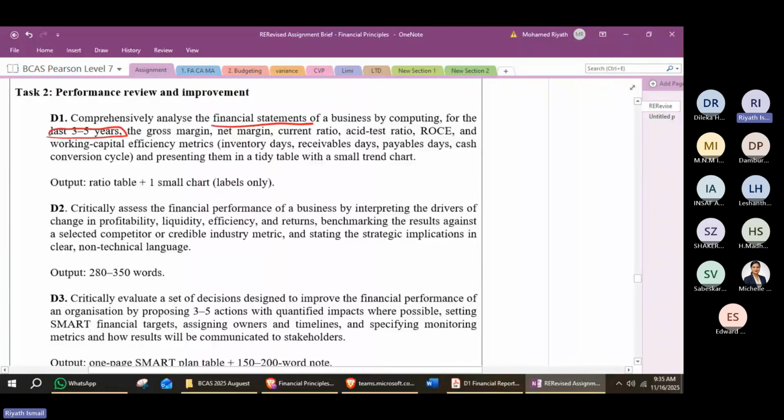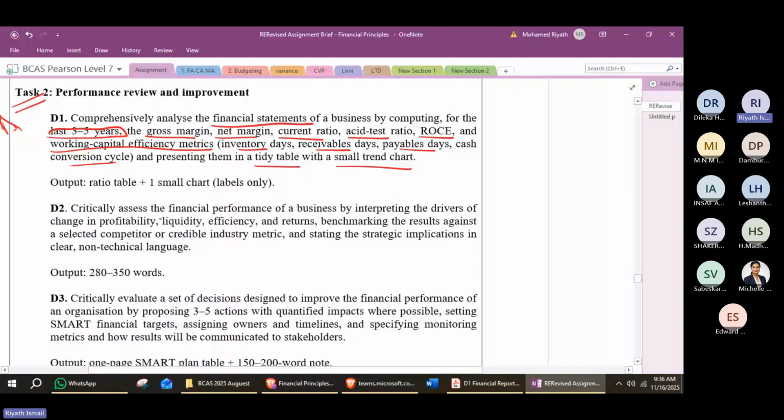You have to take 3 to 5 years of financial statements, and calculate gross margin, net margin, current ratio, asset ratio, return on capital employed, working capital efficiency metrics, inventory days, receivable days, payable days, cash conversion cycle, and present them in a tidy table with a small chart. So it's very easy. Among all the assessments, this Assignment 2, Task 2 is comparatively the easiest one.